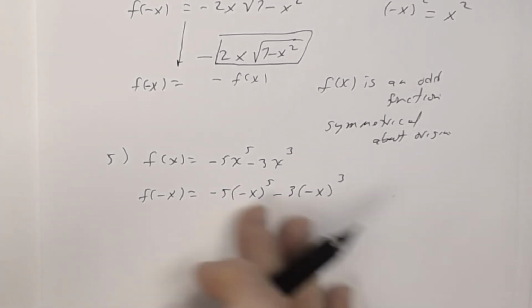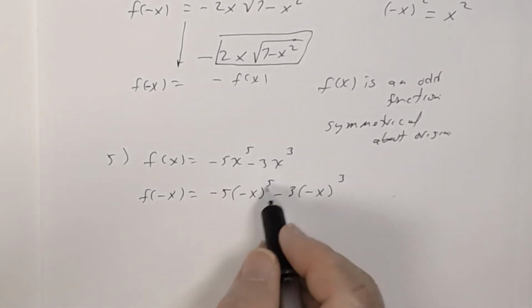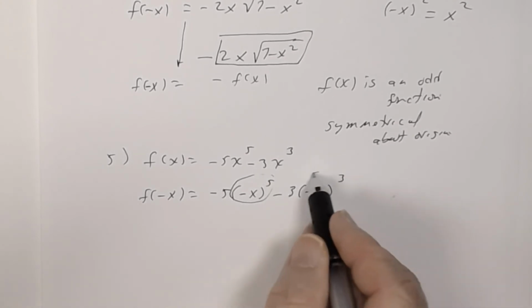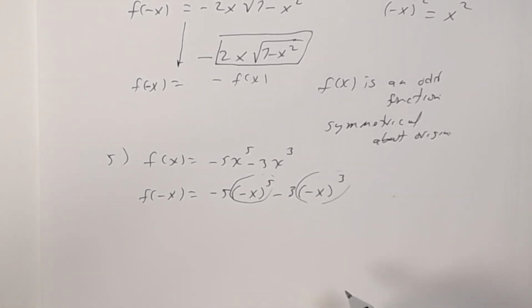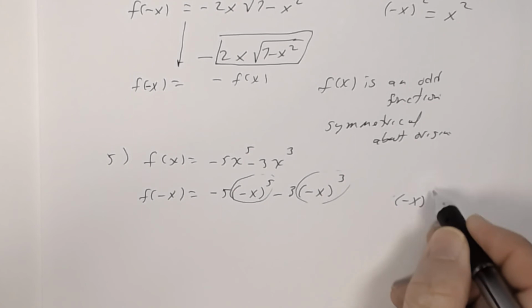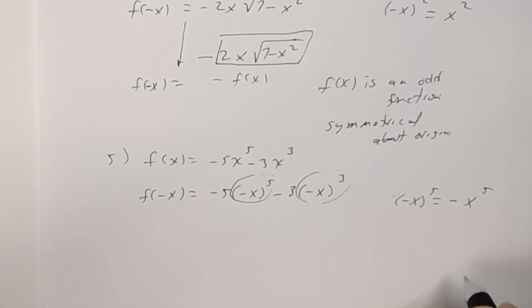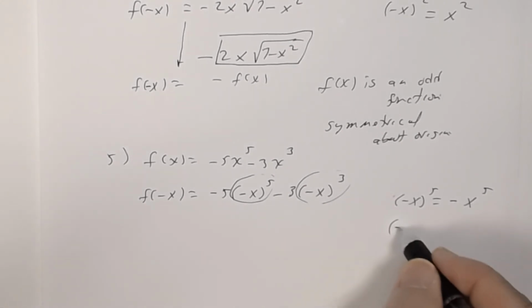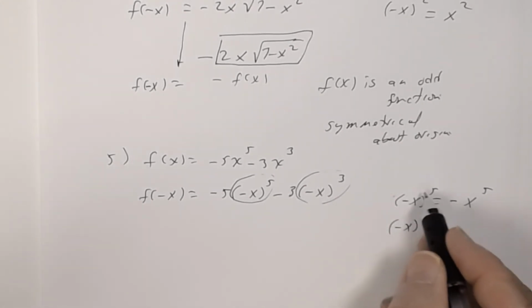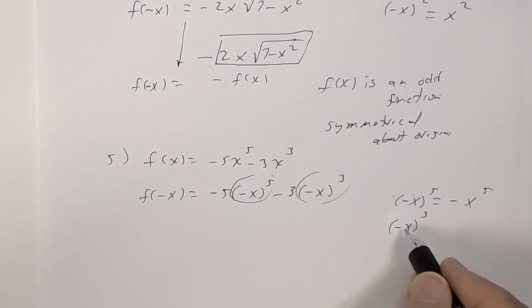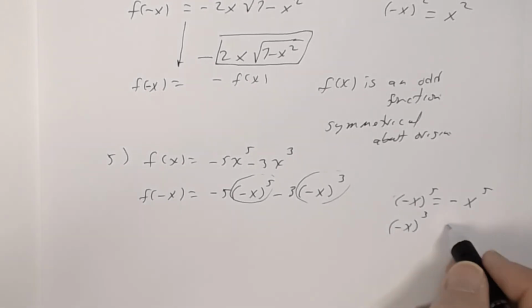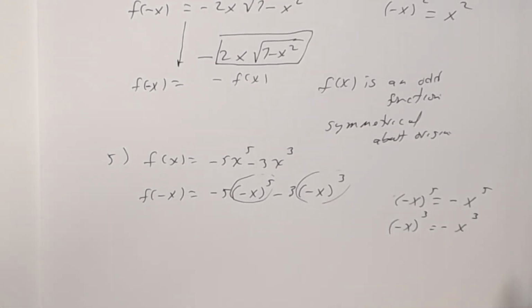Now what you got to do is go off to the side and figure out, well, what is this right here? What is this? That's what you got to figure out. Okay, so remember, negative x to the 5th means what? Negative x to the 5th with parentheses. And negative x cubed, remember, a negative number raised to an odd power is always negative, right? So that's going to be a negative x cubed.